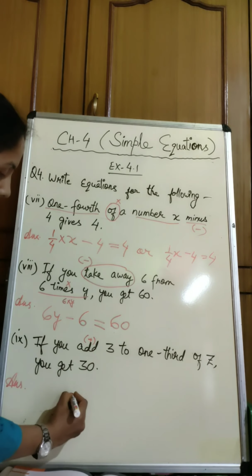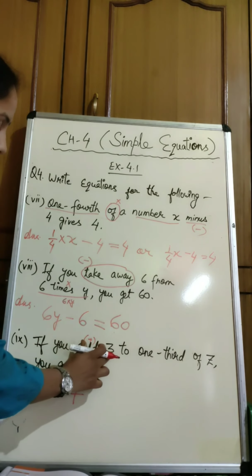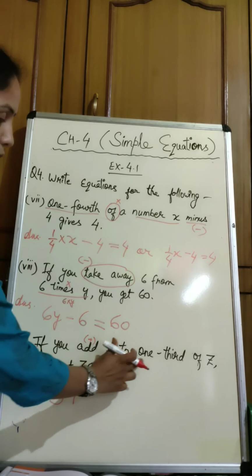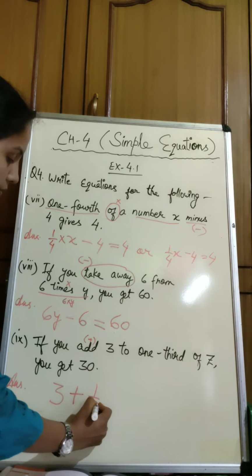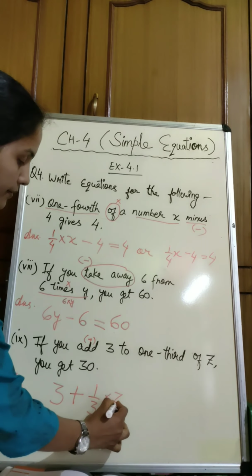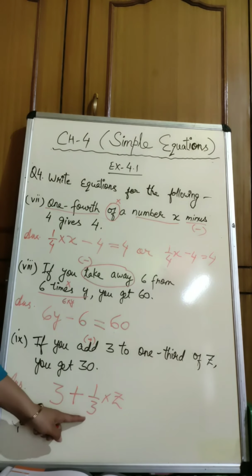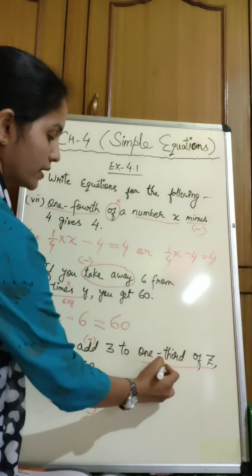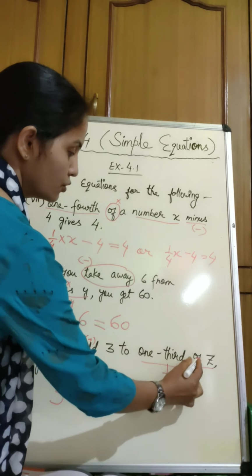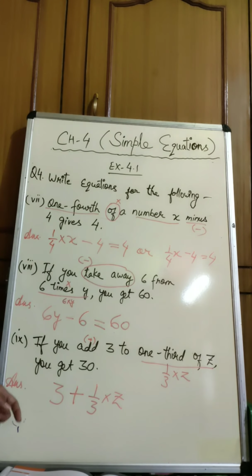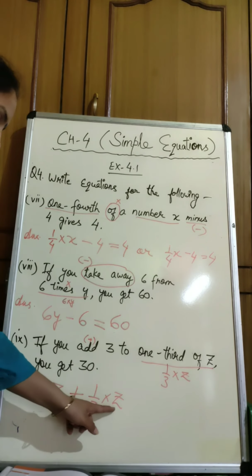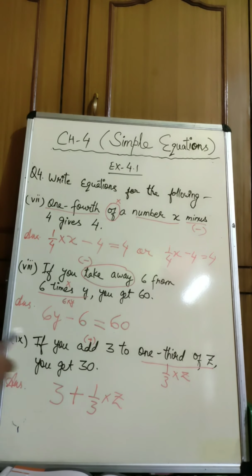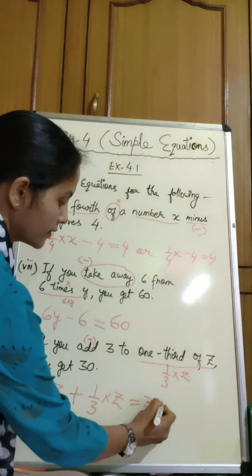So if you add 3 to 1/3 of z. 1/3 is written like this, 1 upon 3, and of means into z. So we write small z. So 3 plus 1 upon 3z, you get means equals 30.